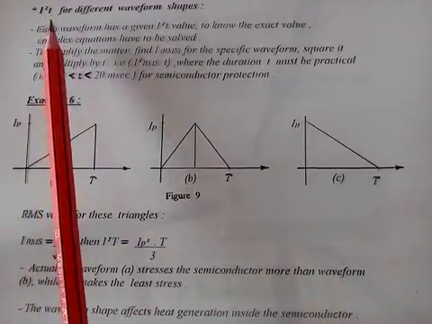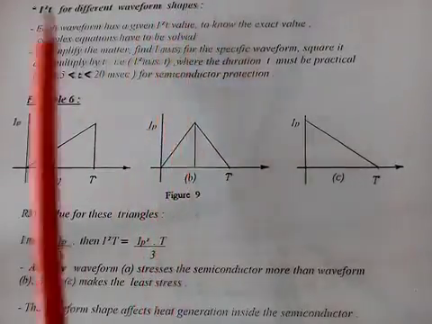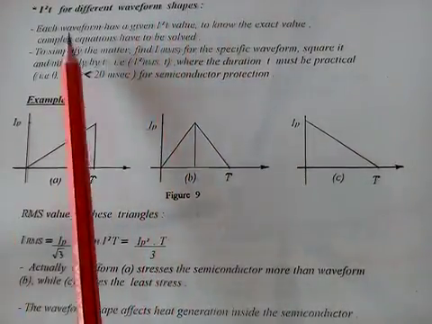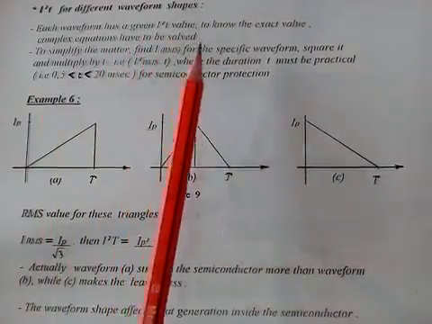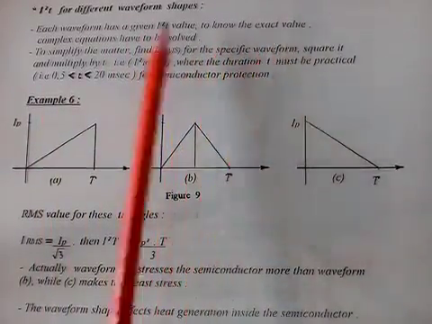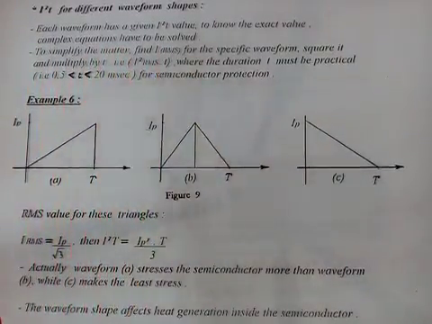The I square T for different waveform shapes. Each waveform has a given I square T value. To know the exact value, complex equations have to be solved.